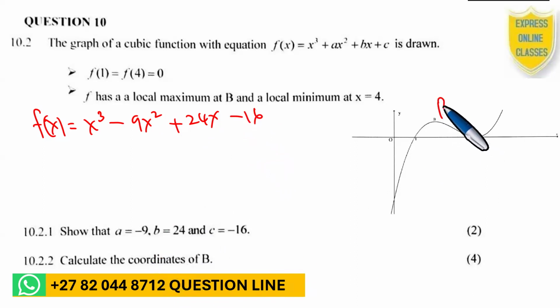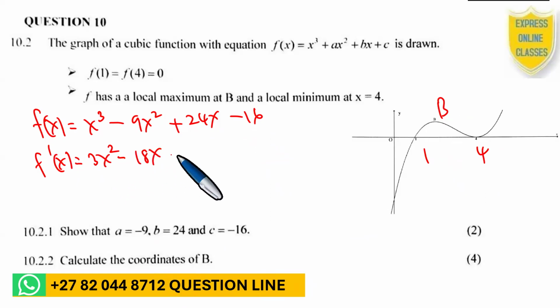B is the turning point, so you must find the derivative, which is 3x squared minus 18x plus 24. This derivative, you must equate to 0 at the turning points.